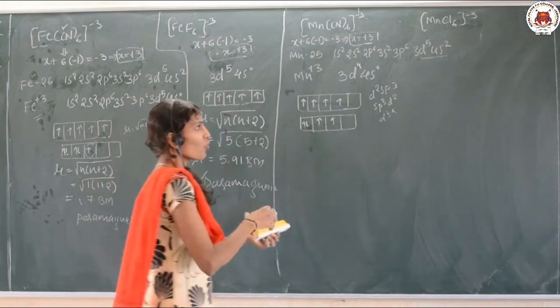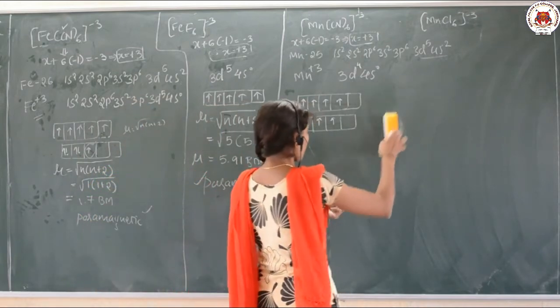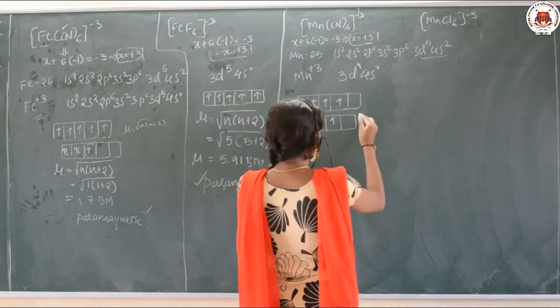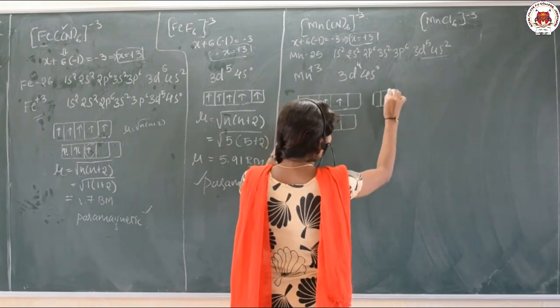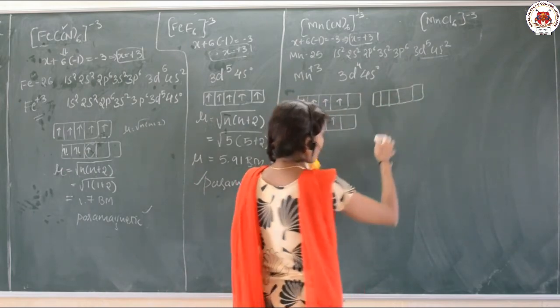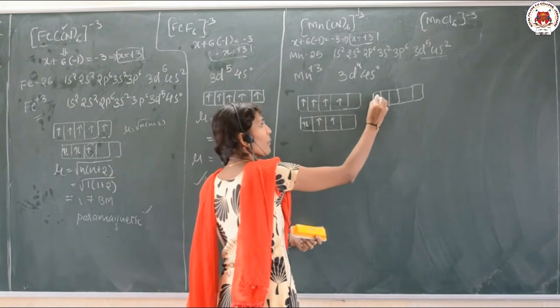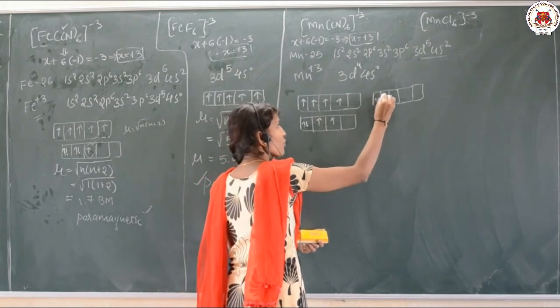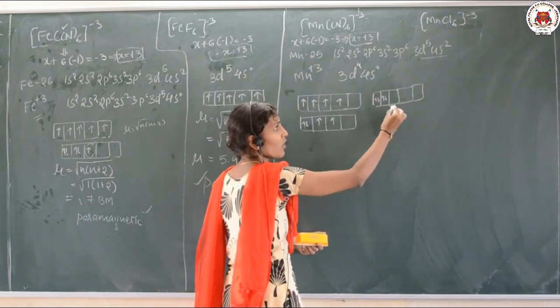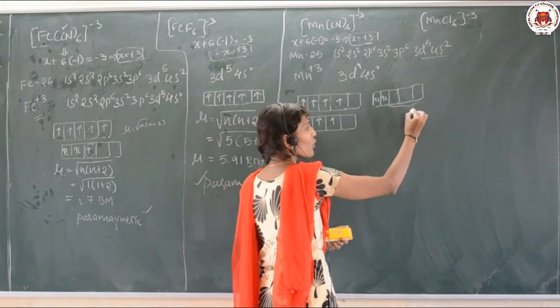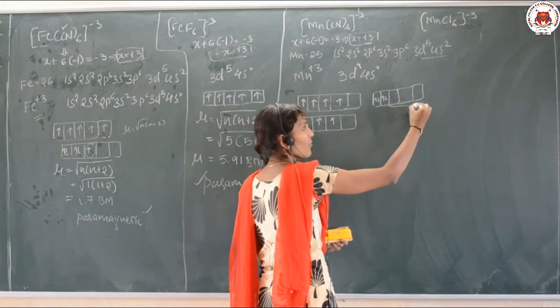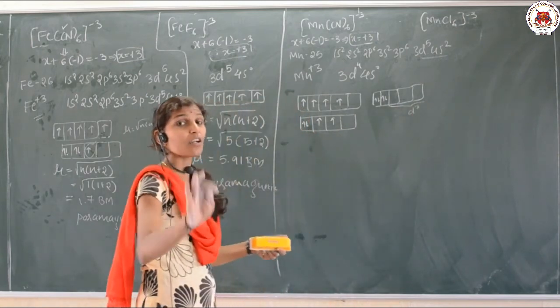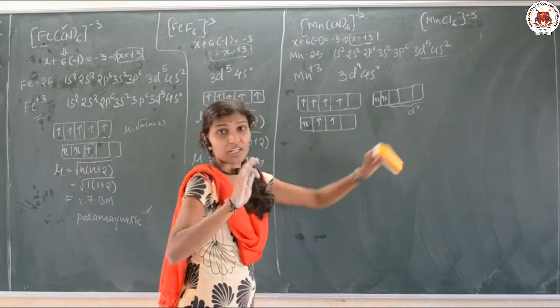So why is this d2 and d3 here? Suppose, I will tell you the possibility. Suppose all the pairing takes place, 1, 2, like this, 4 electrons. So how many d orbitals are available for the hybridization? 3, d3, but hybridization is not possible.